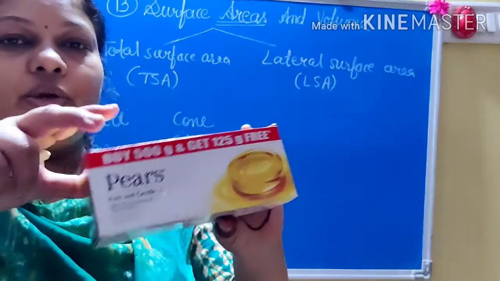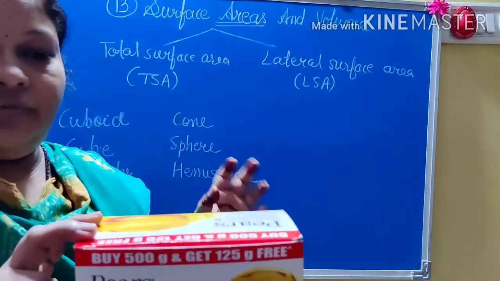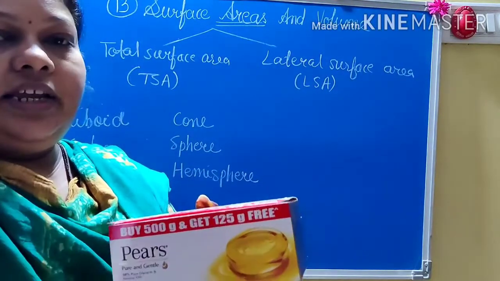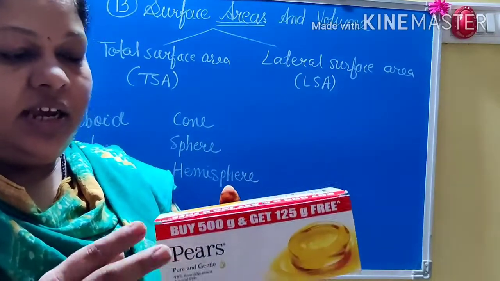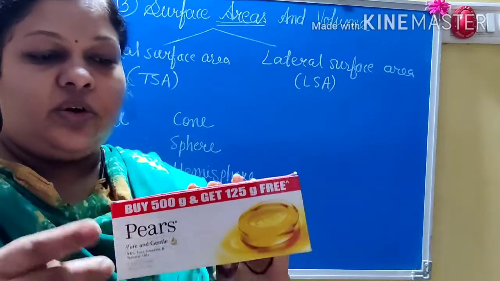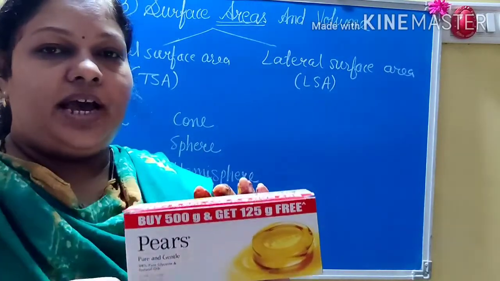Here this is a cuboid. Now we will see what the total surface area is. It is nothing but the sum of the areas of all the faces. How many faces does the cuboid have? Six faces. This is front, this is back, then two side faces, top and bottom.